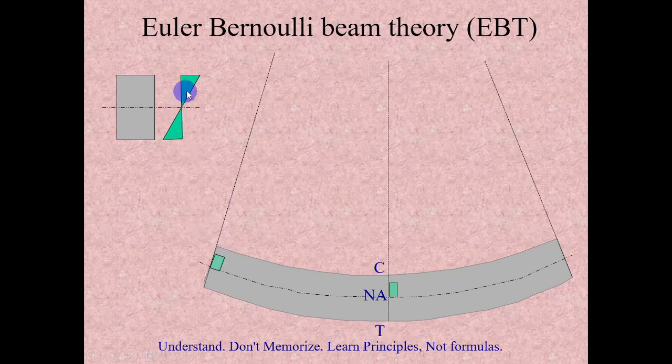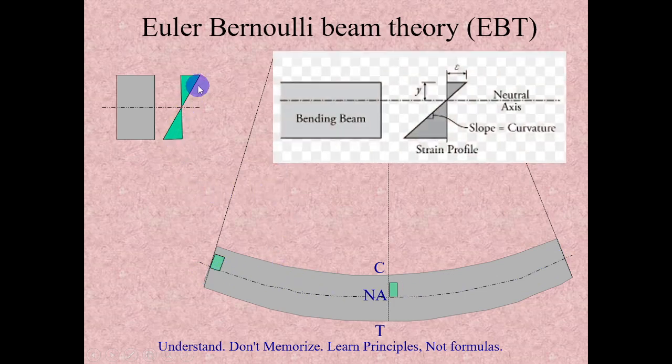This cross section is plane even after bending, and that plane is always perpendicular, at 90 degrees, to the neutral axis, everywhere. The slope of this deformed plane is called curvature, and 1 by curvature represents the radius of this bending.